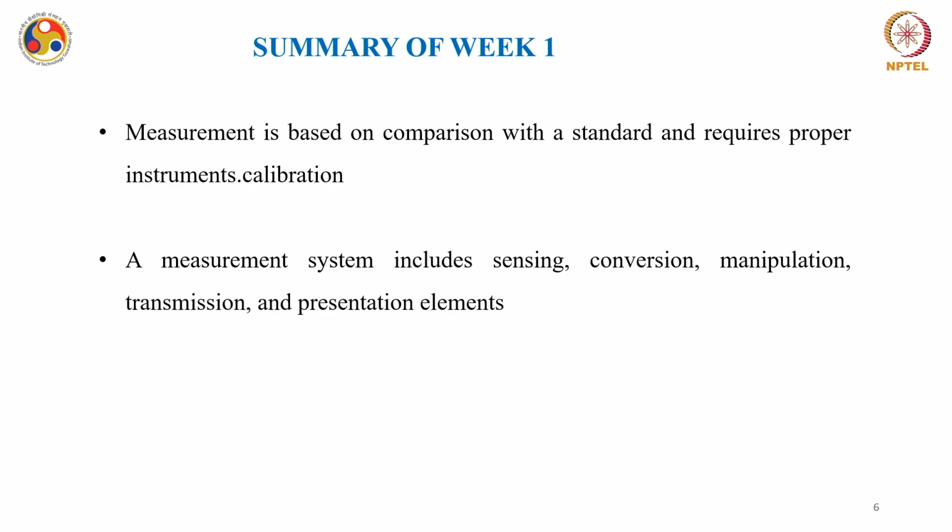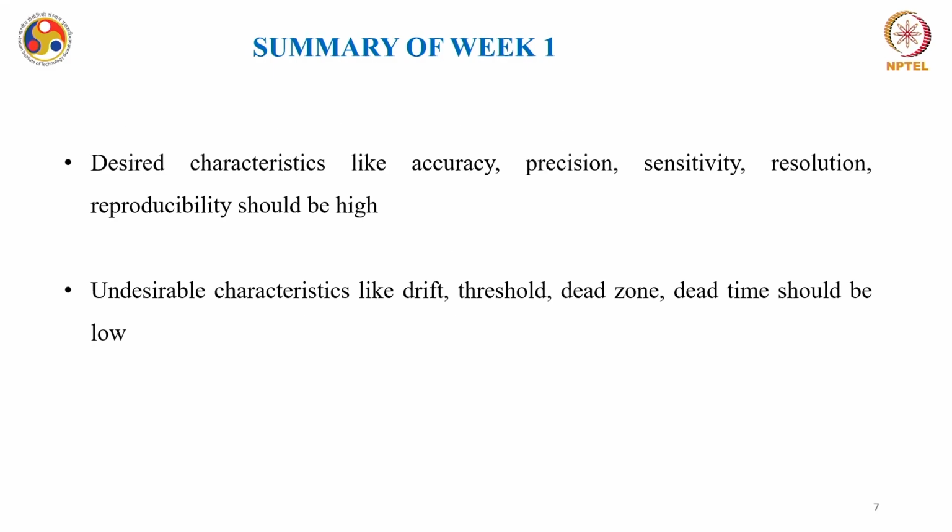A measurement system includes sensing, conversion, manipulation, transmission and presentation of the measurement, and the objective of this first week was to get acquainted with all these systems, which we studied from week 2 to week 12 in detail.